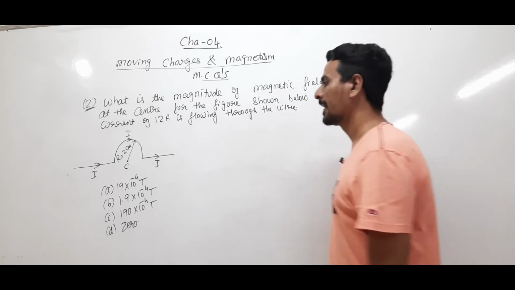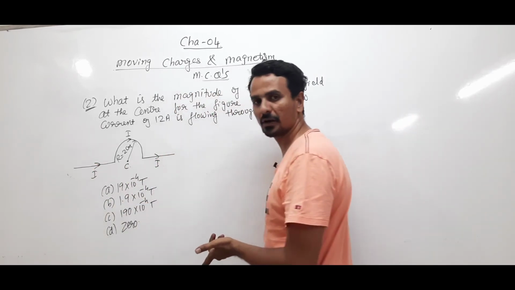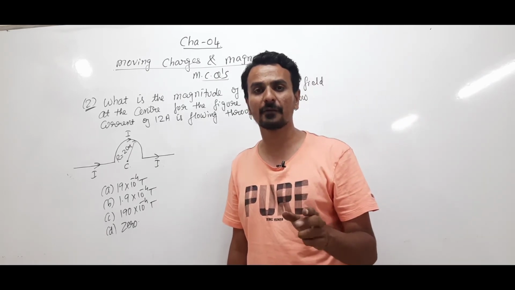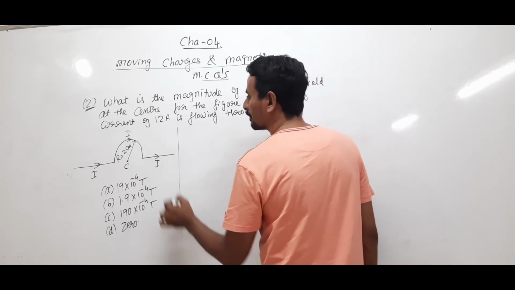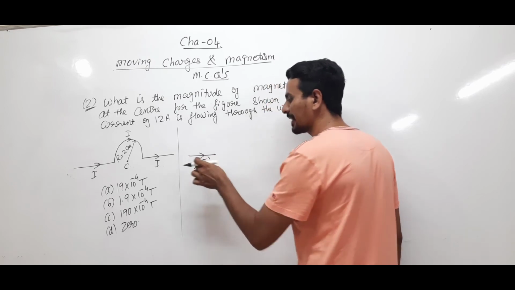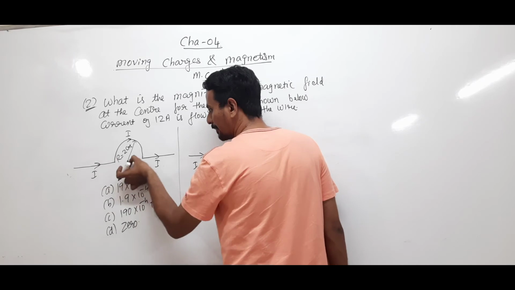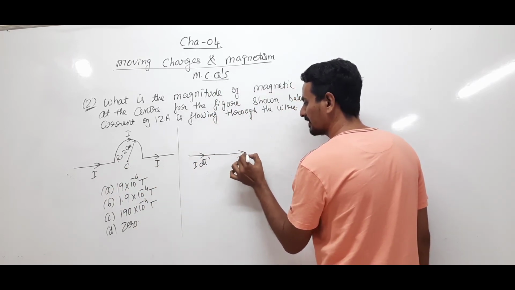First of all, magnetic field will not be produced because of this part and this part, because from Biot-Savart's law, magnetic field is the cross product of I dl and r, right? I dl represents the current element, and r represents a position vector, so this is your r, this is the center.